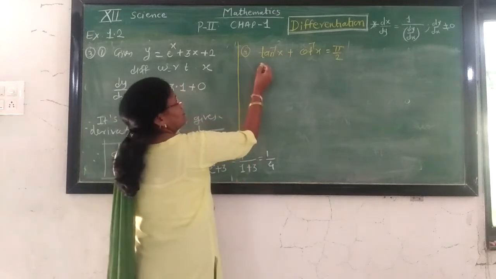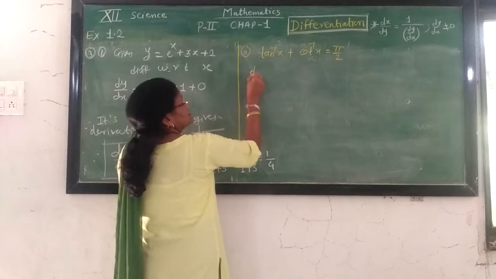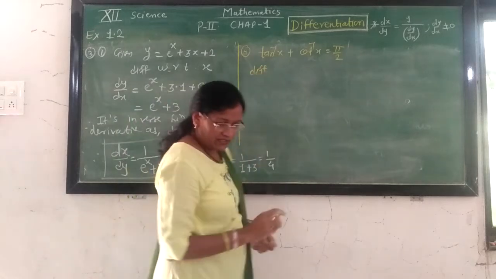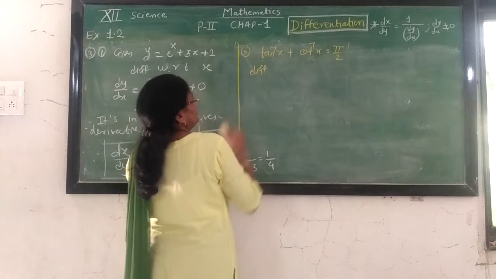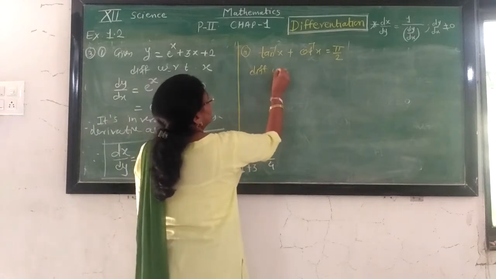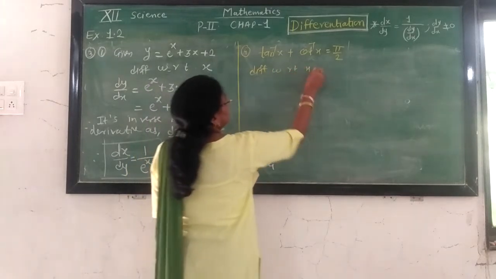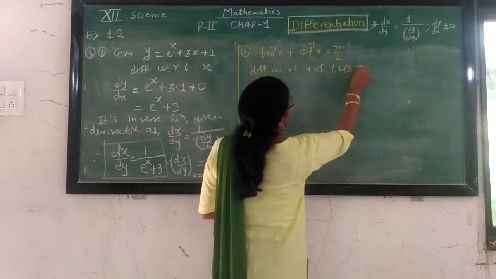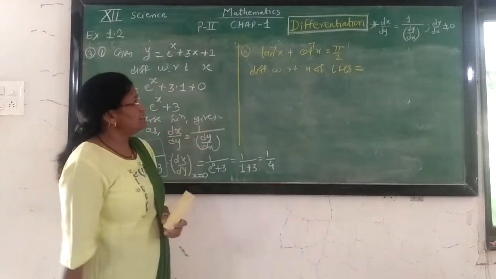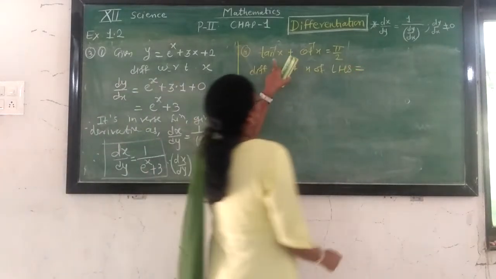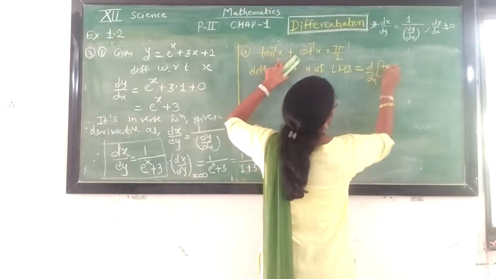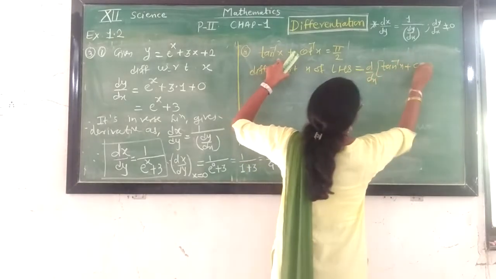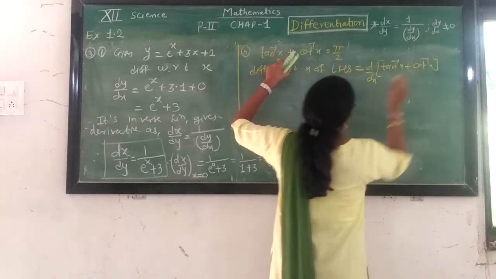So for this, we take differentiation. You have to prove this. Differentiation of LHS with respect to x. So we find d by dx of tan inverse x plus cot inverse x.